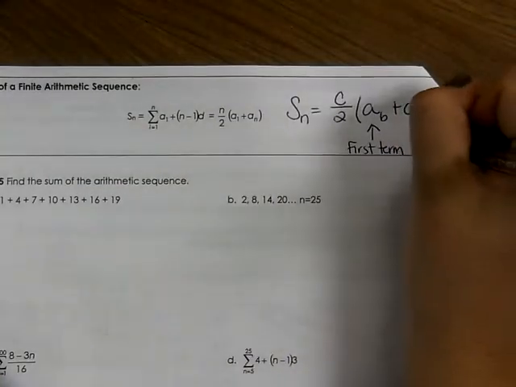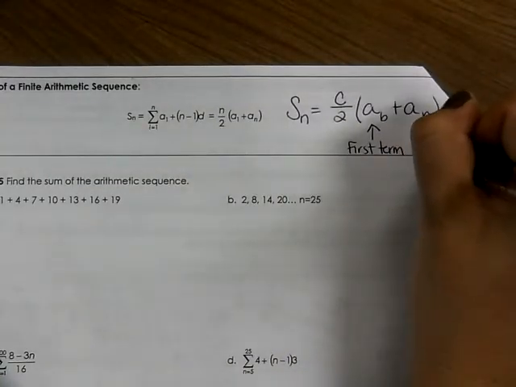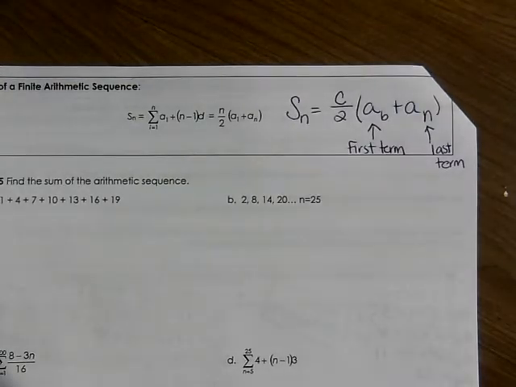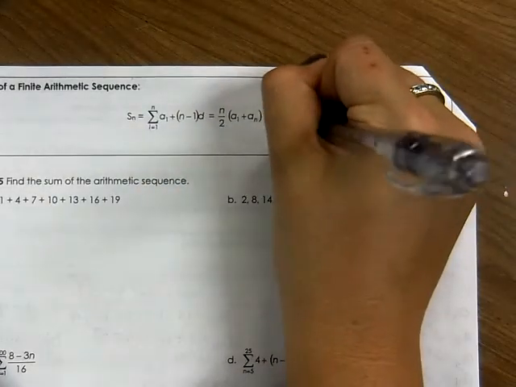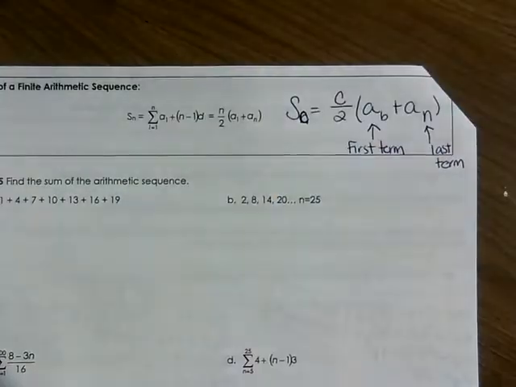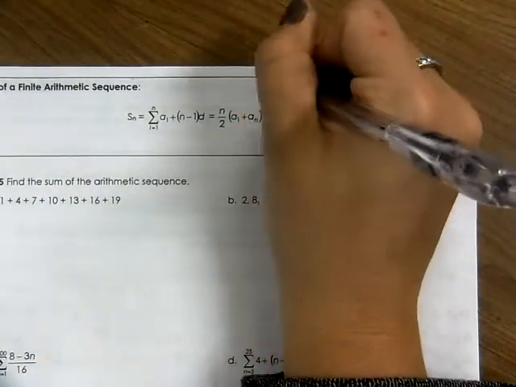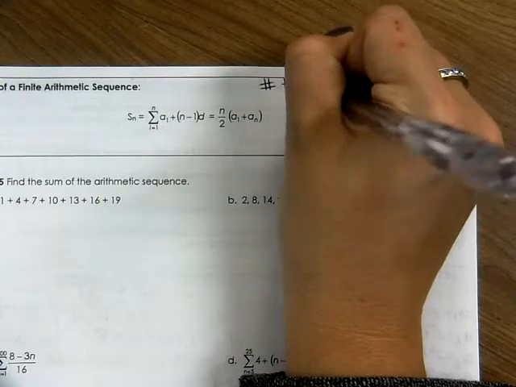A sub n is the last term. And I guess really this should also say n, now that I'm thinking about it. And then n here is how many terms there are.